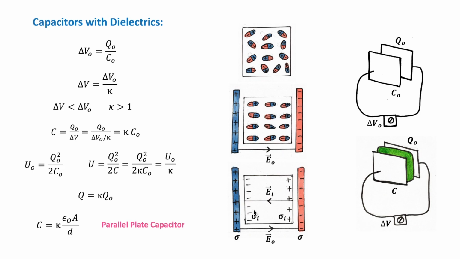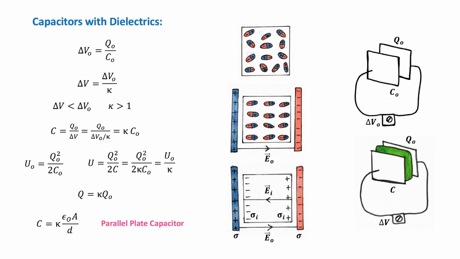And therefore the total electric field inside the capacitor is reduced, and as a result the voltage is reduced due to this introduction of the dielectric into the capacitor. Okay, so this means that the charge Q is now stored in the capacitor at a lower potential difference, which will increase the capacitance.